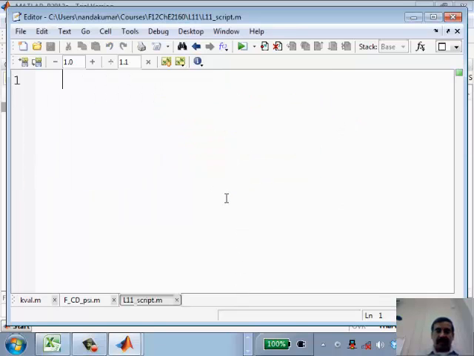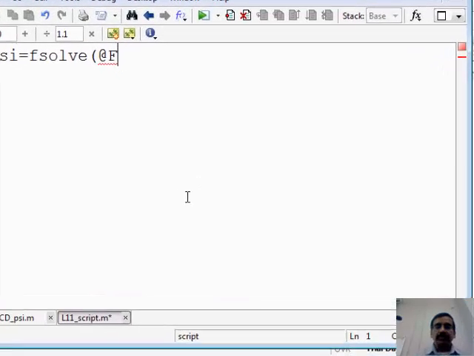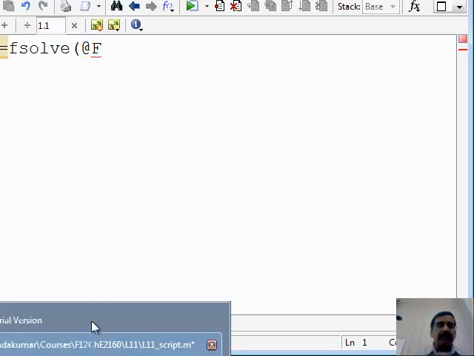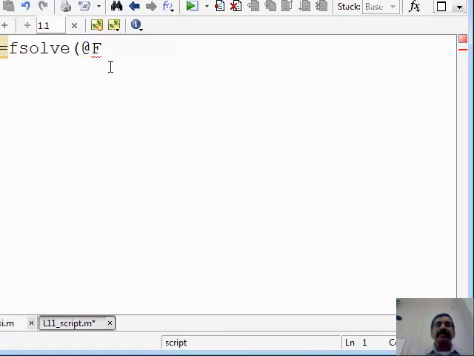The first line is going to be psi is equal to fsolve of fcd, psi comma 0.5. That is the one that actually makes a call to that particular function I wrote, which makes a call to the k values, gets the k values at those temperatures, and using 0.5 as the initial guess returns the psi.